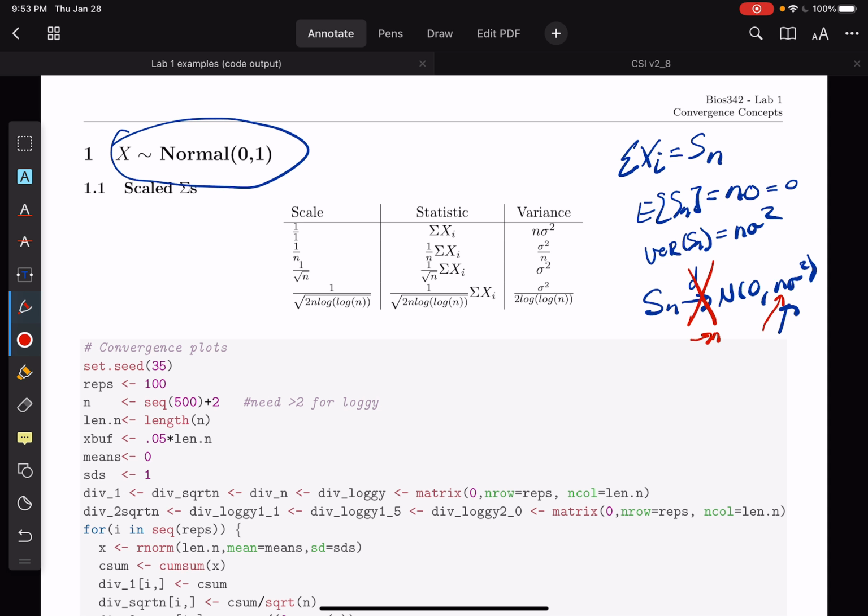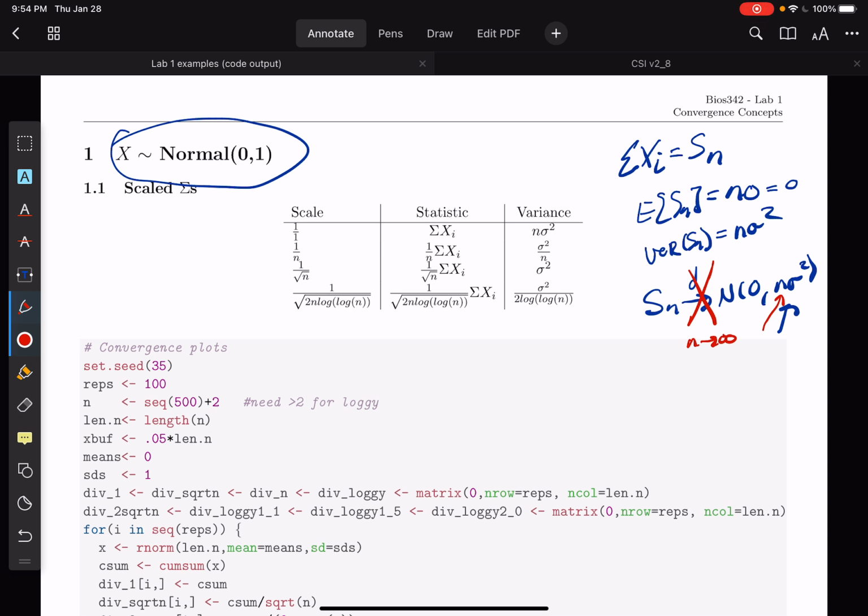So this is n going to infinity, which means I can't have n here. Effectively, it's a normal distribution with an infinite variance, and that's not a distribution anymore. I put this out here just so we can see a little bit about what's going on.